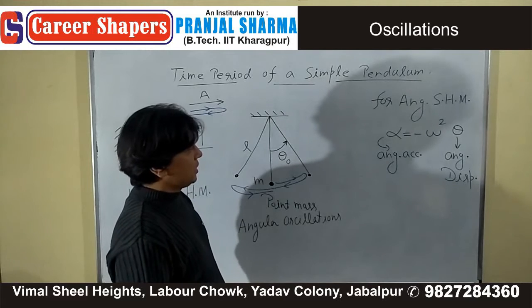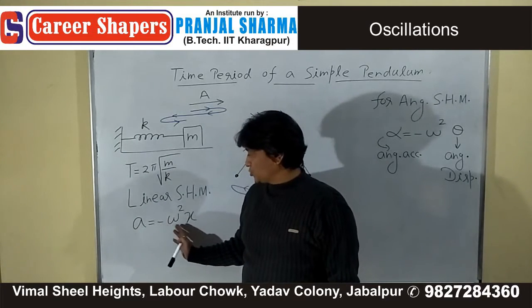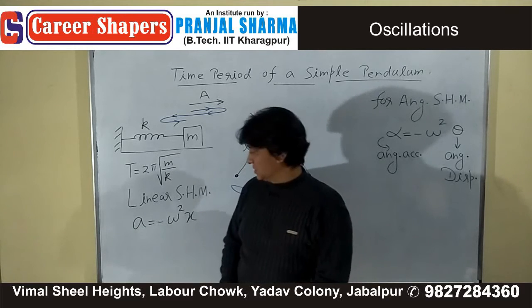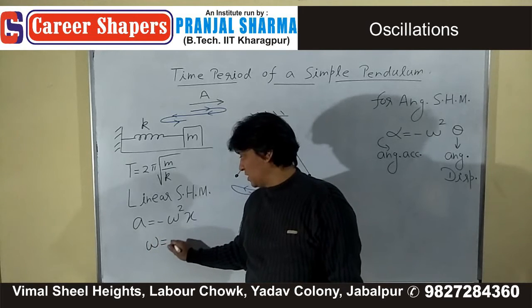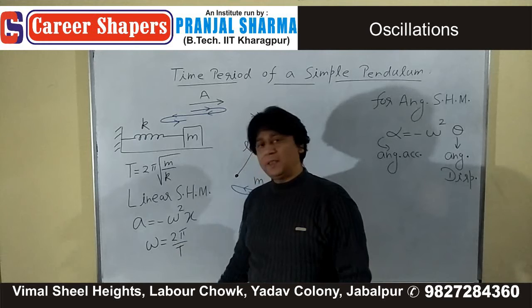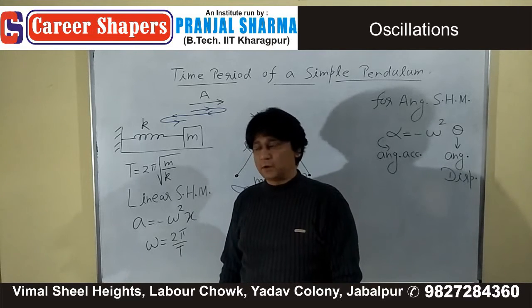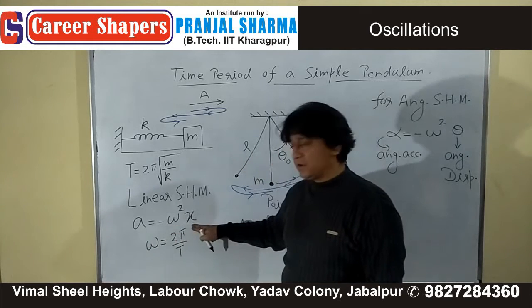Now, when we write a equals minus omega square x, once we have got omega, we write omega as 2 pi upon T, and then it gives us the time period. For omega, we have to write this equation.